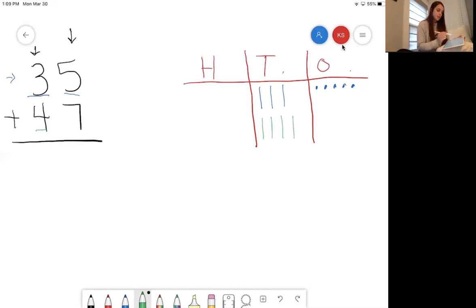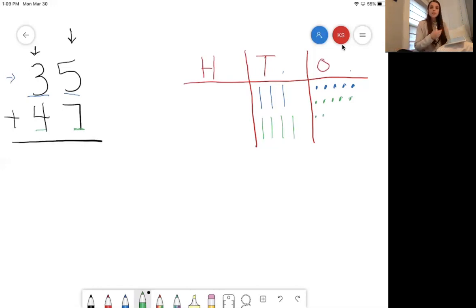Then I'm going to ask myself, how many ones do I have in the number 47? I know that I have 7 ones in the number 47. So I'm going to draw 7 ones or 7 marshmallows in my ones column. 1, 2, 3, 4, 5, 6, 7.